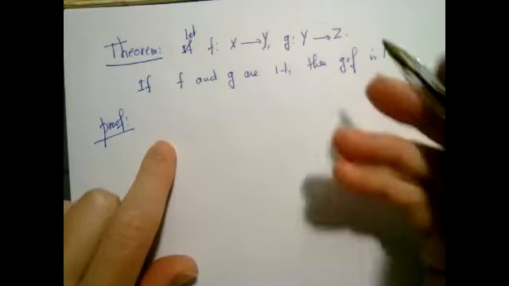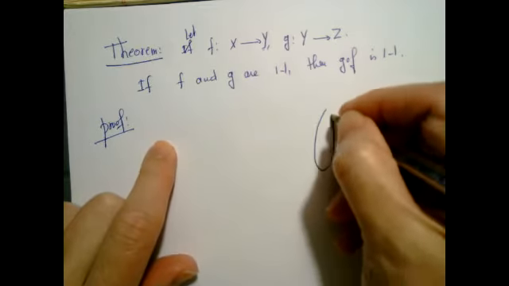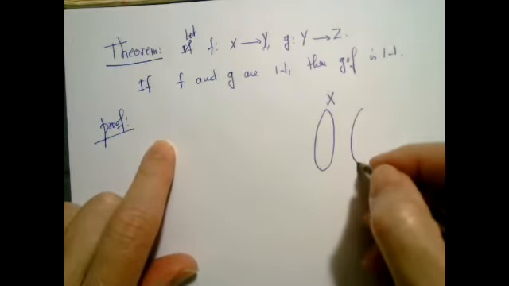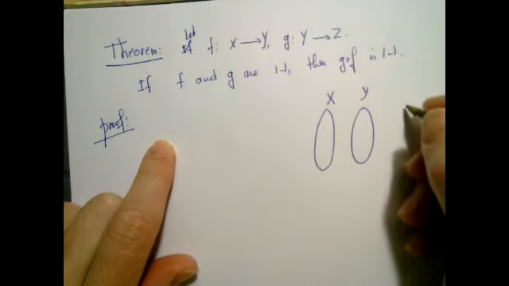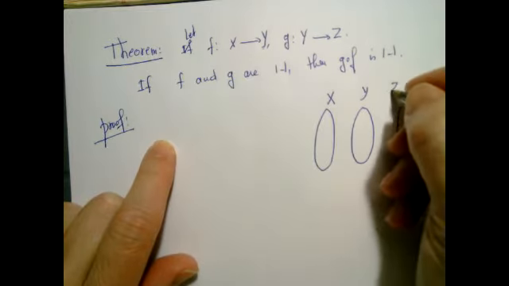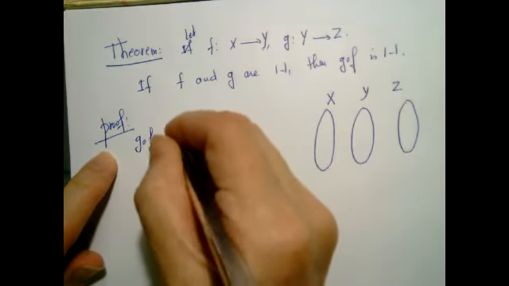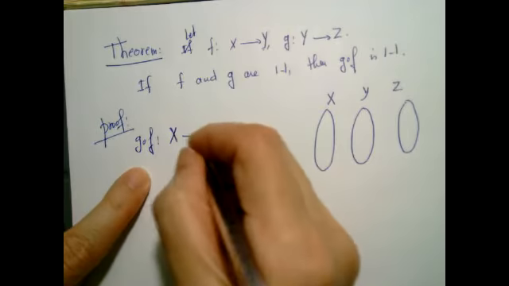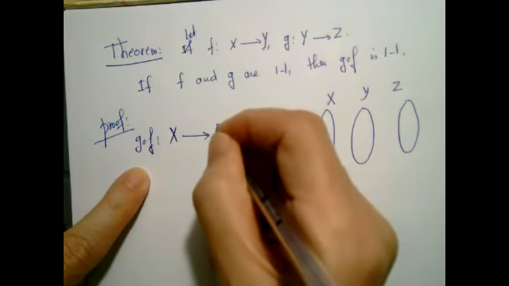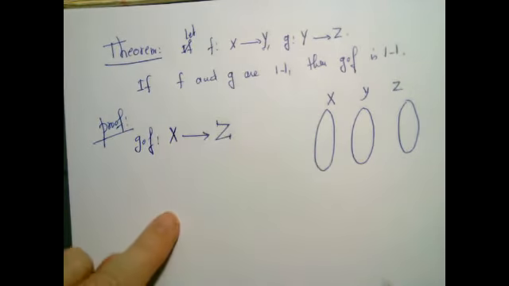So how are we going to do that? This is my x, this is my y, and this is my z. So the composition now is a function. Its domain is x, and its codomain is z. That's where my function is.